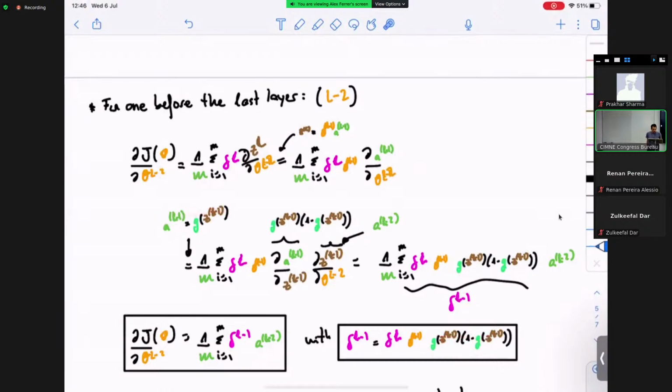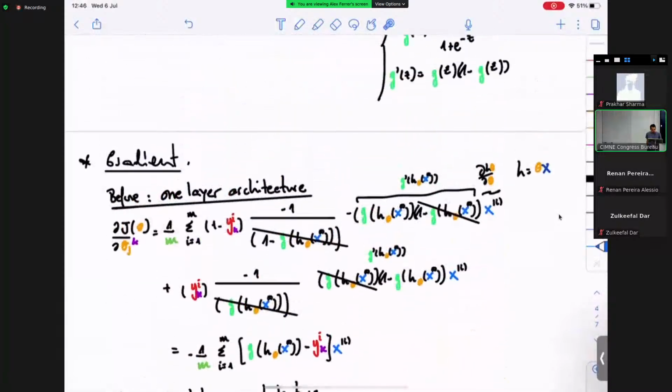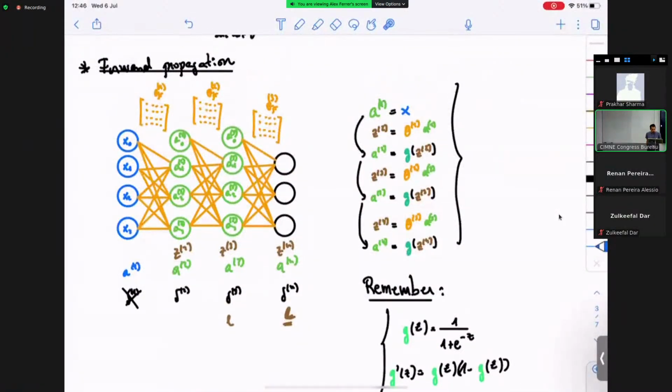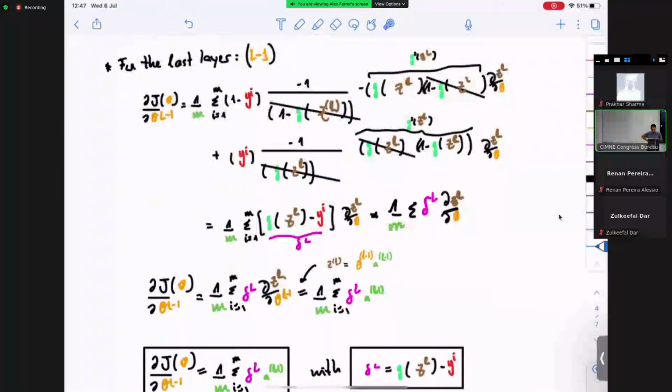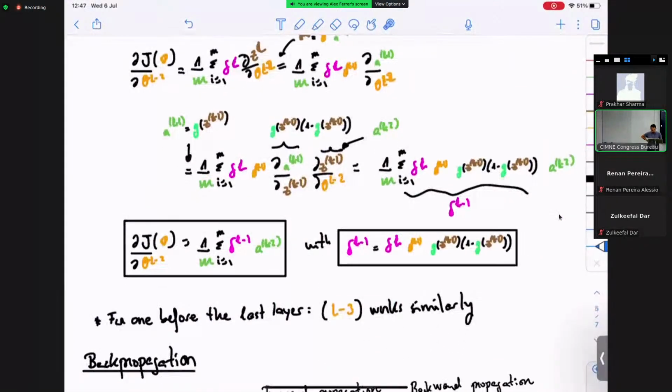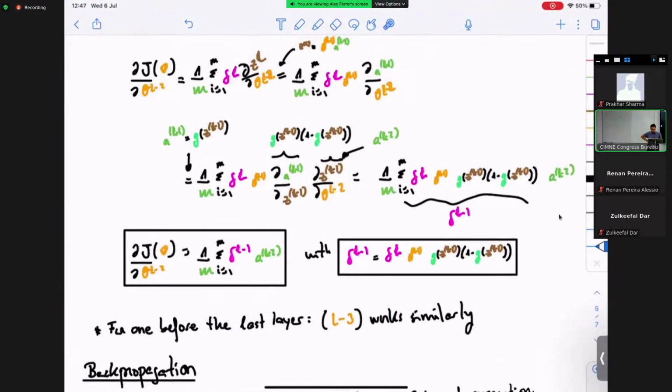Because G are A's. Where were A's? We're here, in forward propagation. Okay. A's, you have already computed them, and you store them. So when you want to compute the cost, you store A's, and you also store Z. So for L minus 3 it works similarly.